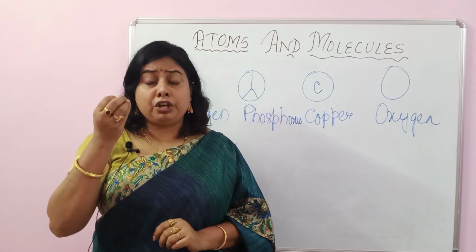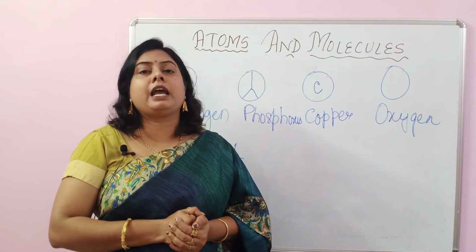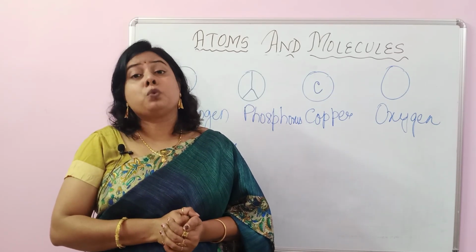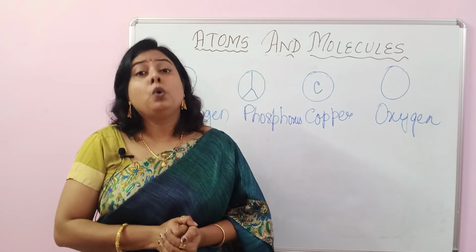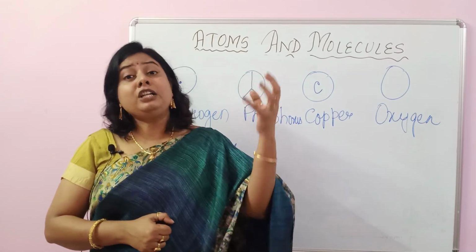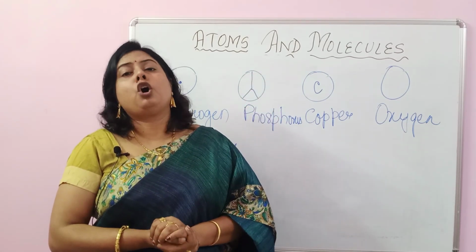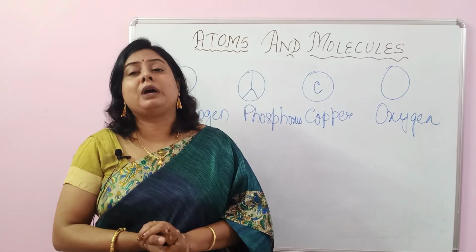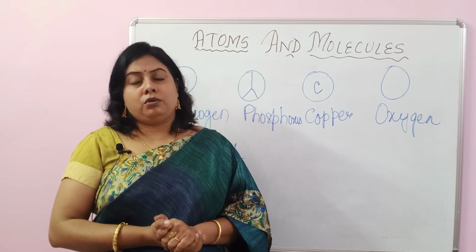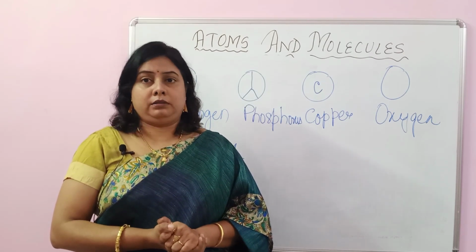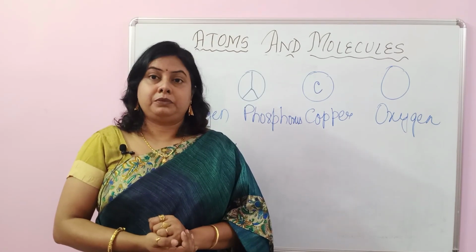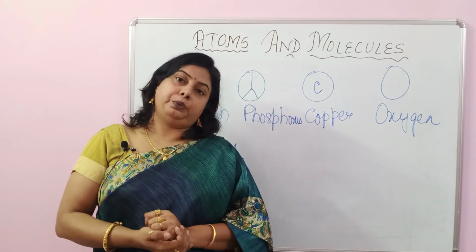So the unit given to it is AMU, atomic mass unit. So what is 1 AMU? 1 AMU is 1/12 the mass of a carbon-12 isotope taken as 12. So 1/12 the mass of a carbon-12 atom is your 1 AMU.